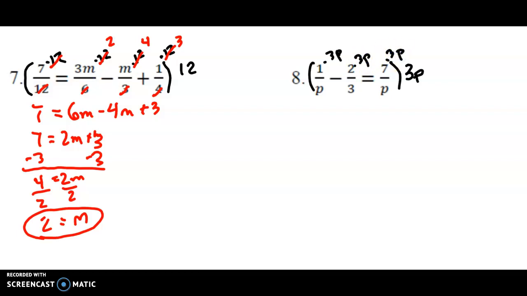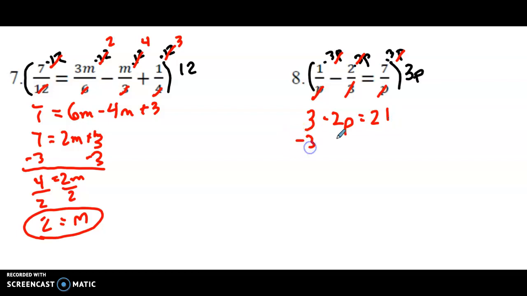And what's going to happen is we're going to end up canceling some things out. The p's here will cancel, so this is just going to be 1 times 3, which is 3. The 3's here will cancel, so it'll be negative 2 times p, which is negative 2p. And here the p's are going to cancel, so it'll be 7 times 3, which is 21. And then we solve the equation.